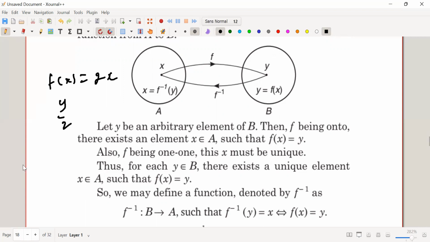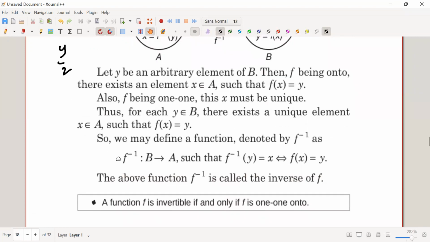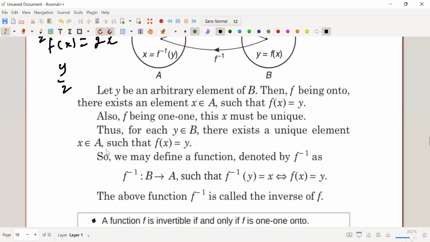Y by 2 will be the relation from b to a. For this inverse relation, x equal to y by 2, and we can denote it as f inverse of x equal to y by 2. All right, that is known as the inverse function.